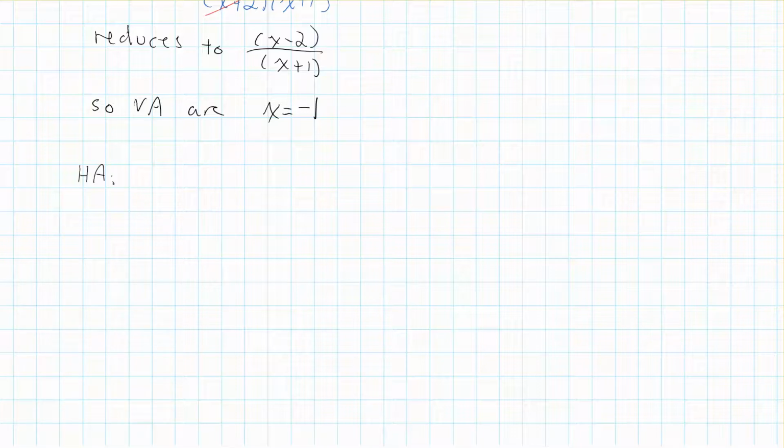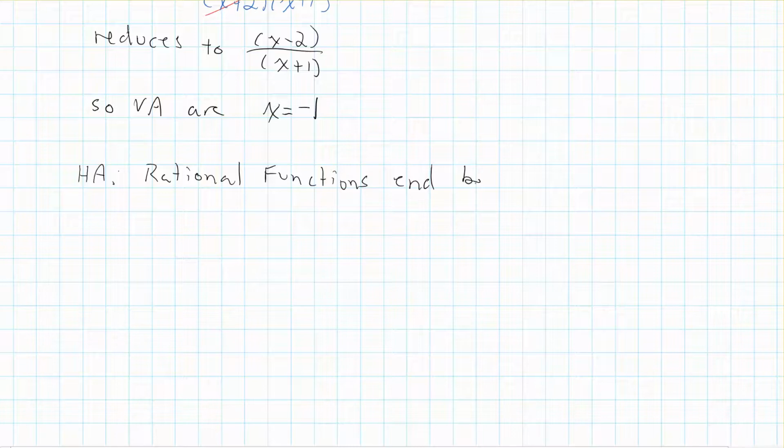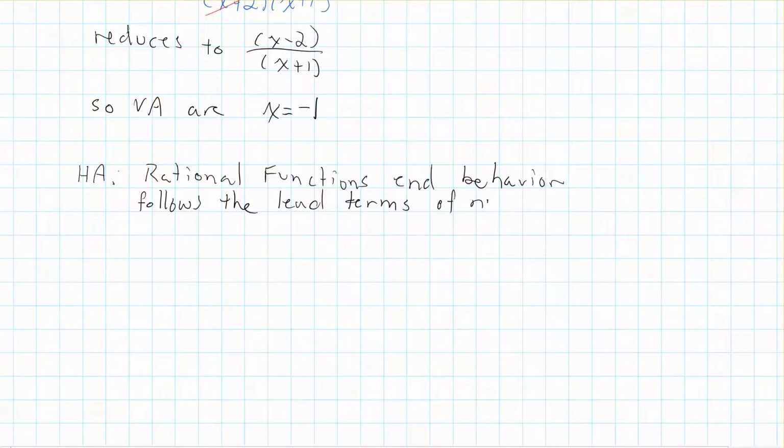I just like to think of it this way: for rational functions, end behavior follows the lead terms of numerator and denominator.